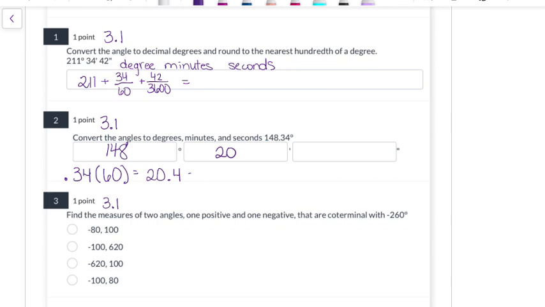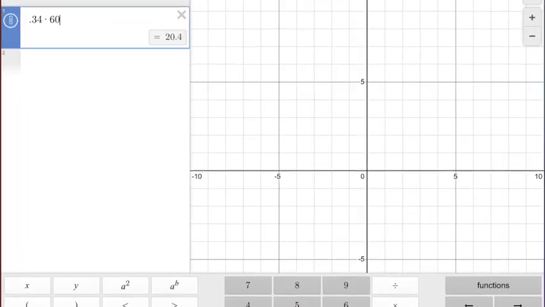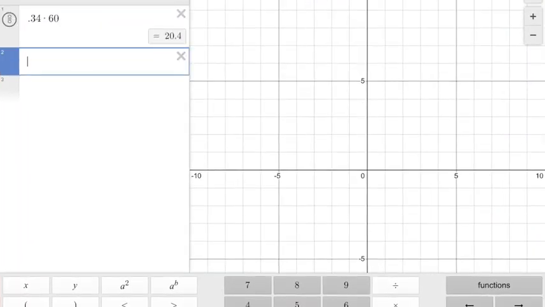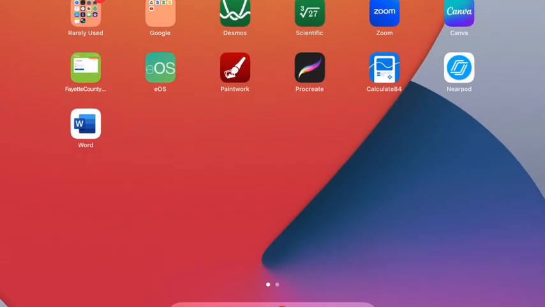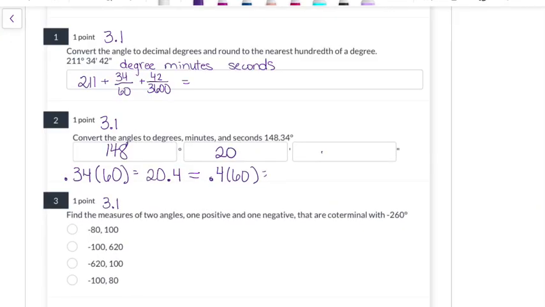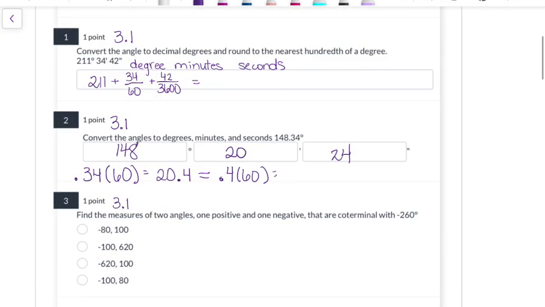And then to find the seconds, we have 0.4 of a minute. So if I take 0.4 and times it by 60, that will give me the seconds. 0.4 times 60 is 24. So 24 seconds. Okay. All right.